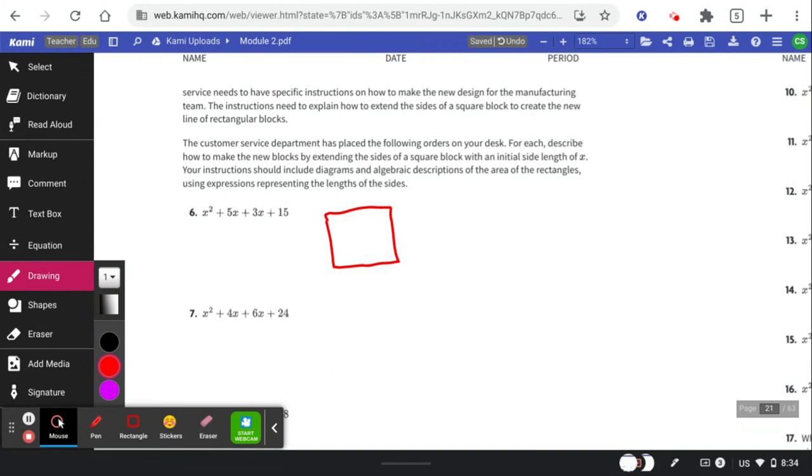So we've got the square block on one side extended by 5, and on the other side extended by 3.